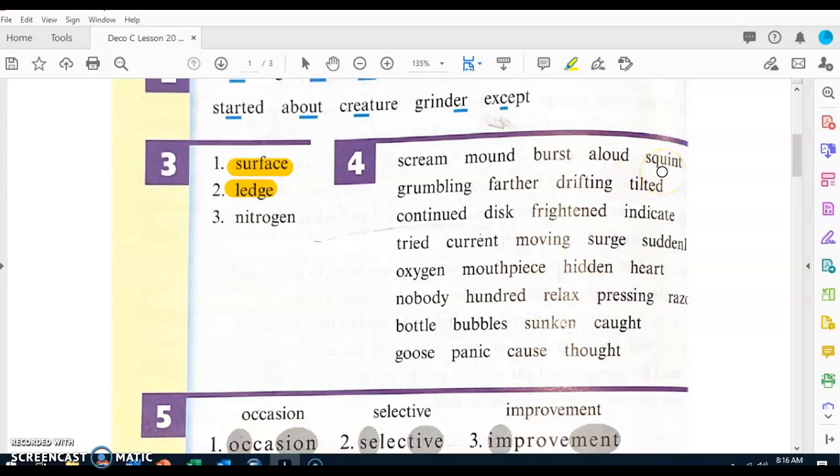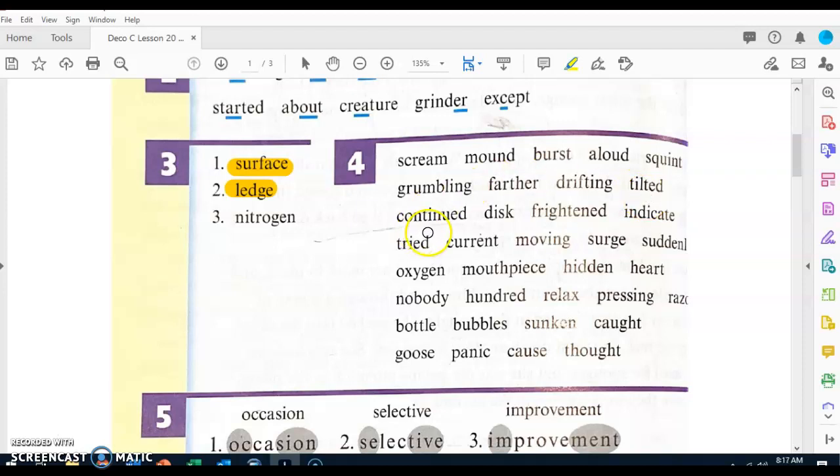Next word. What word? Squint. Next word. What word? Grumbling. Next word. What word? Farther. Next word. What word? Drifting.